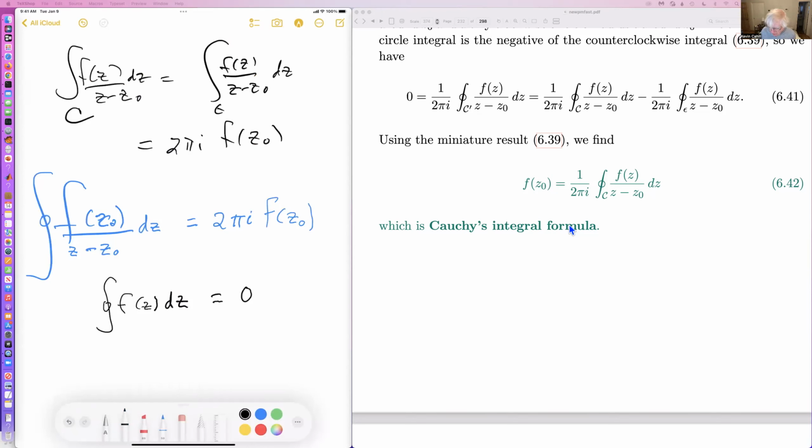These are the basic theorems that are used all the time in complex variable theory.